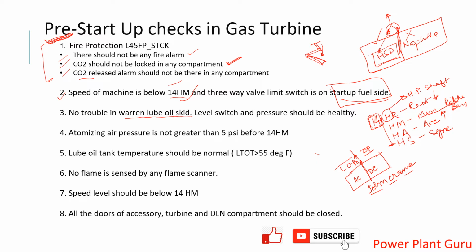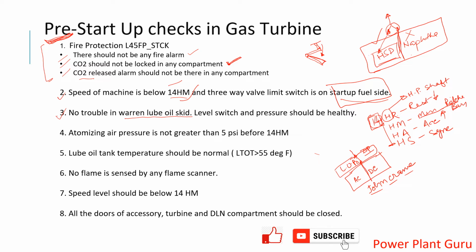This kind of alarm should not be there, so that whenever you are starting your machine, it will come on HSD. Then HSD should have your healthy variant pump system, so its lube oil system should be healthy.